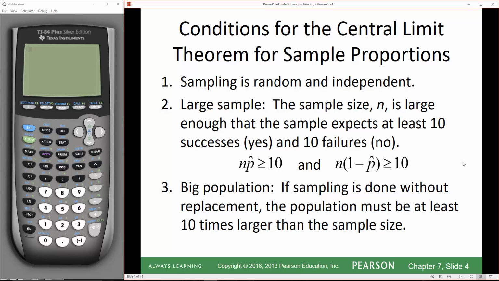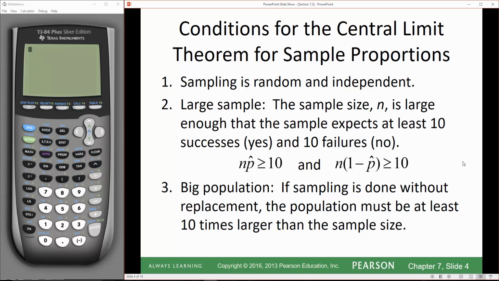In other words, n times p hat should be greater than or equal to 10, and n times 1 minus p hat has to be greater than or equal to 10, or in other words, n times q hat. Remember, I introduced q to you: p is used for successes, but q is the proportion of failures.